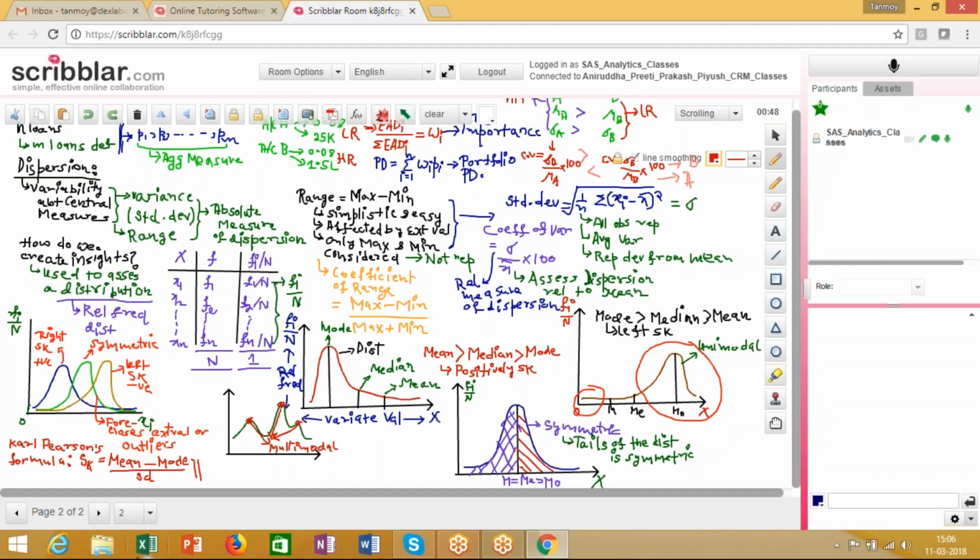We have been talking about distributions. Where do we find examples in risk which represent these distributions, or which we can use to assess the properties of these distributions? One very common example which comes to my mind is the loss distribution of a bank.